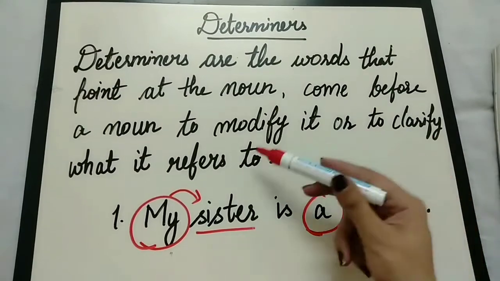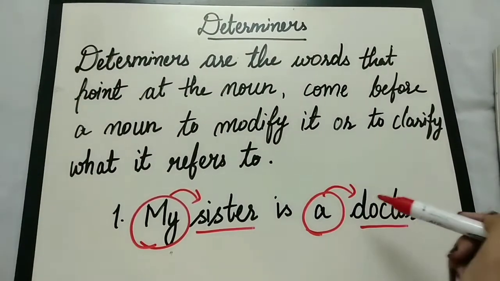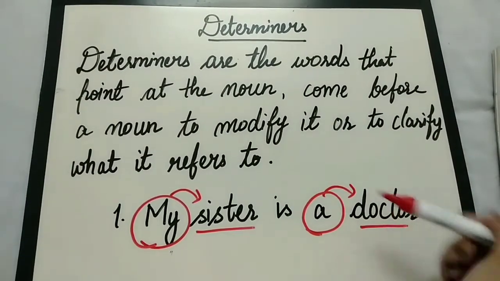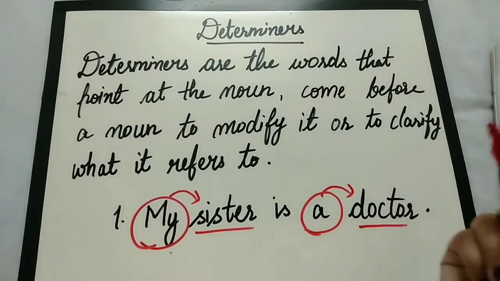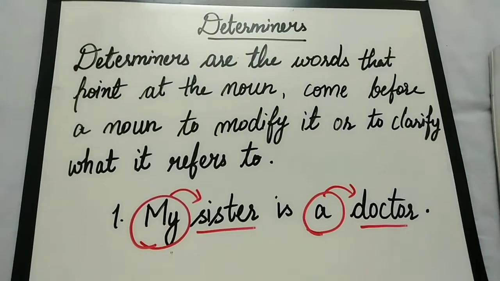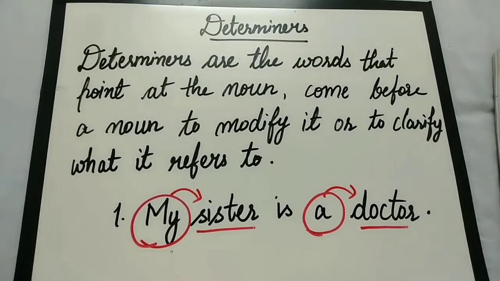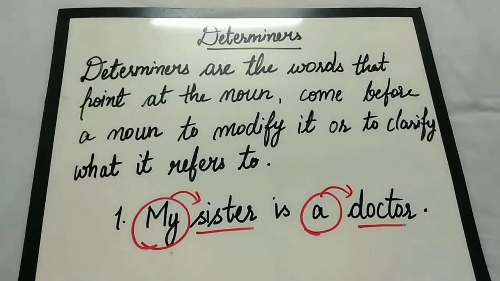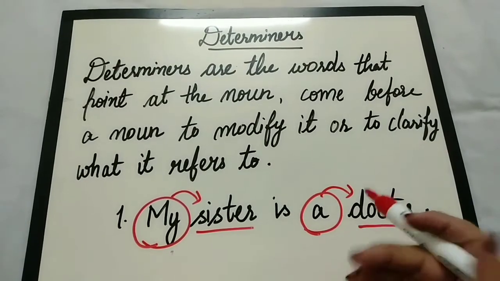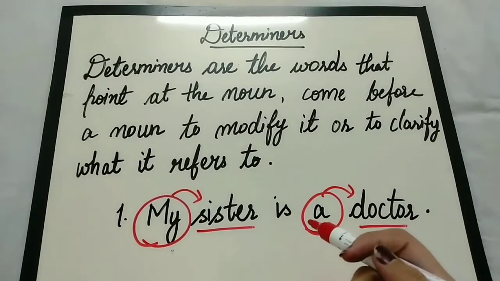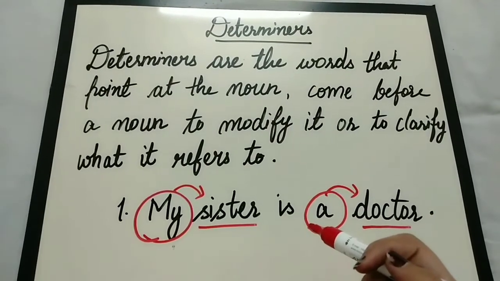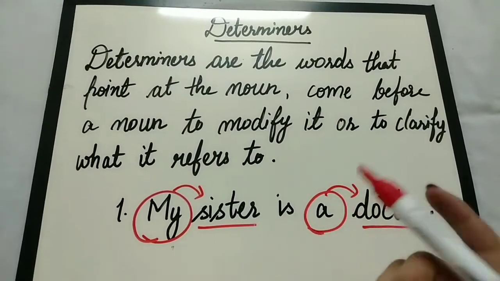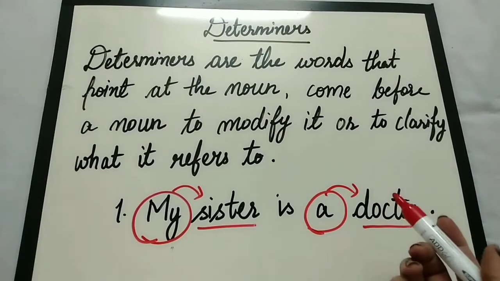They come before a noun to clarify what it refers to. A refers to doctor and my refers to sister. It also points out the noun and tells us how the noun is being used in this sentence, and they are introducing the noun, and they also tell us whether the noun phrase is specific or general.